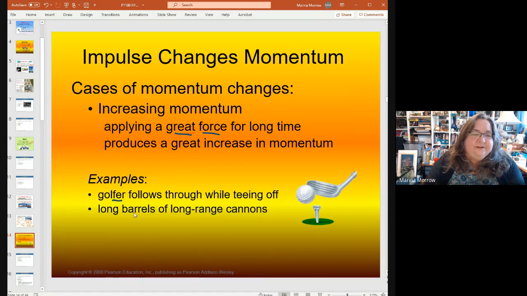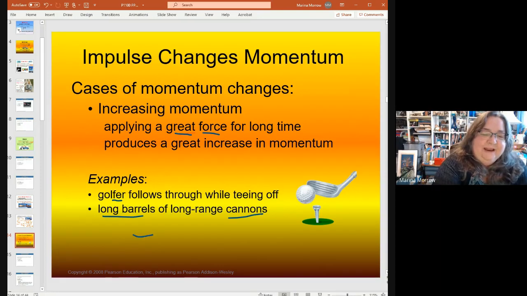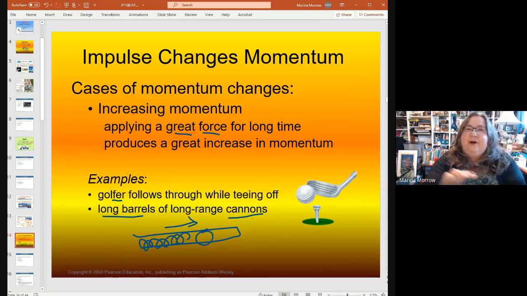So golfers, and also things like cannons: the longer the barrel, the more time that the gases get to spend in contact with the cannonball, right? So they're pushing the cannonball, applying a force, and so that ball will go faster and faster in the barrel.